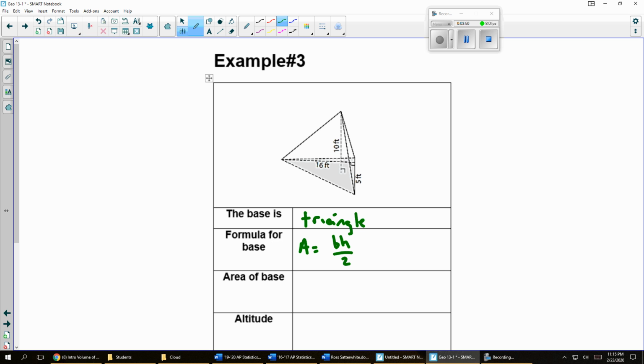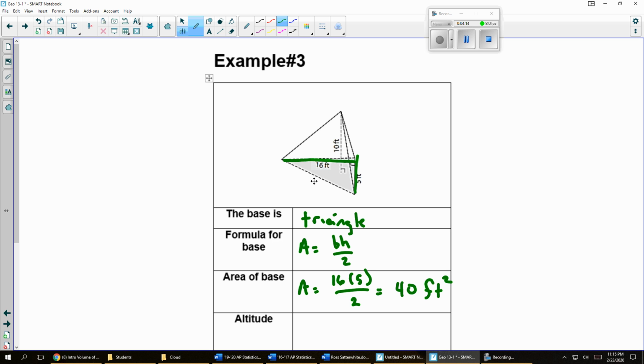And remember, the base and the height always have to be perpendicular to each other. So that's that 16 and that 5. That's the base and the height. So the area is 16 times 5 divided by 2. You can use your calculator to see that's 40 square feet.